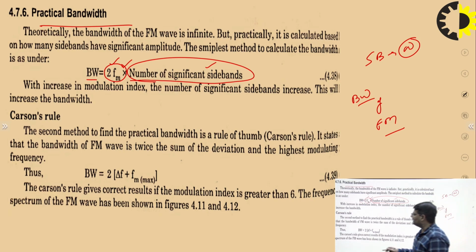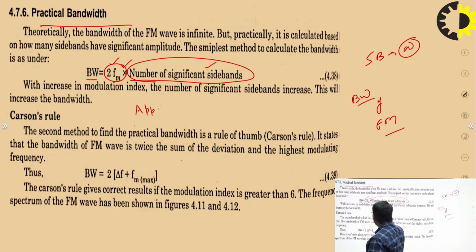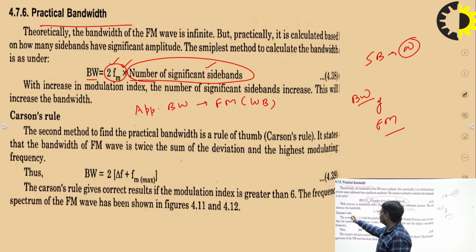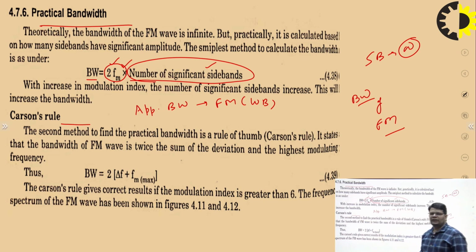For practical cases, the approximate bandwidth for FM, which in this case is wideband FM, can also be given by a rule known as Carson's rule. Basically, Carson's rule defines the bandwidth of FM as an approximate value for practical cases.